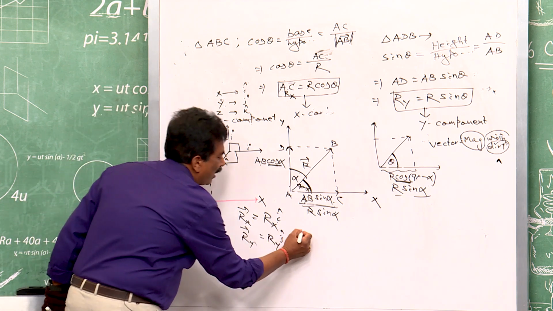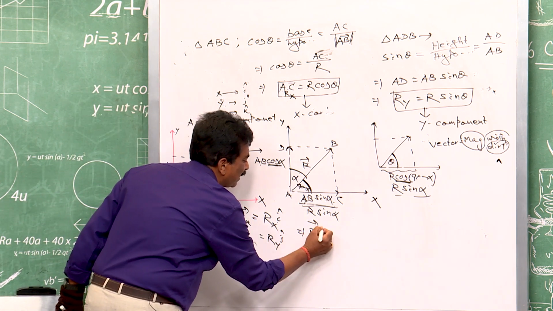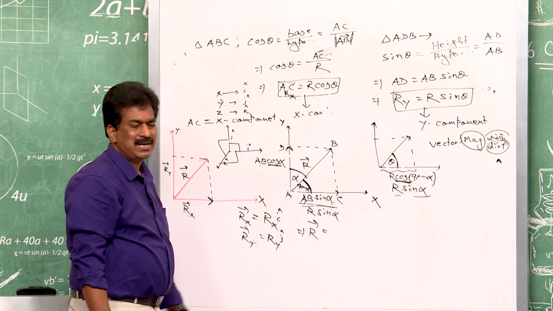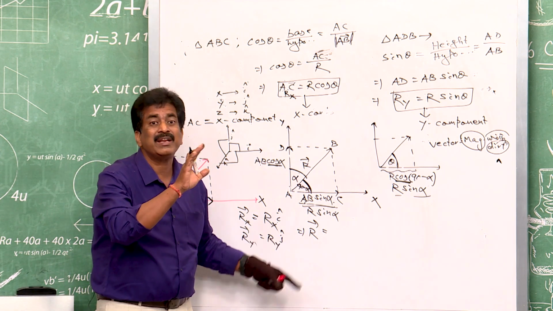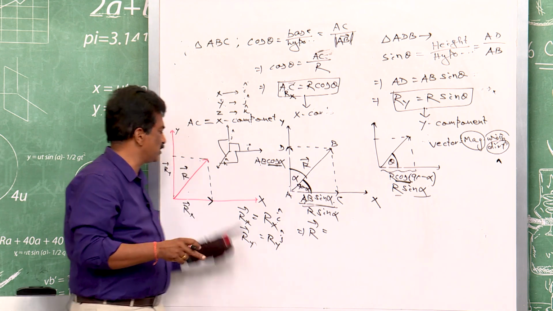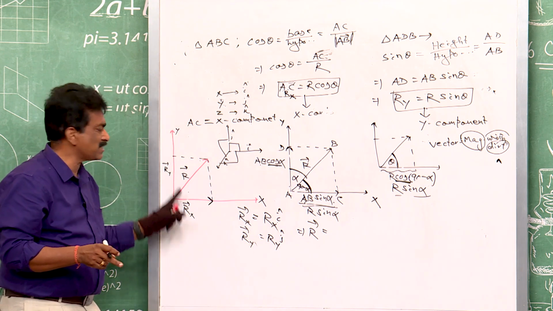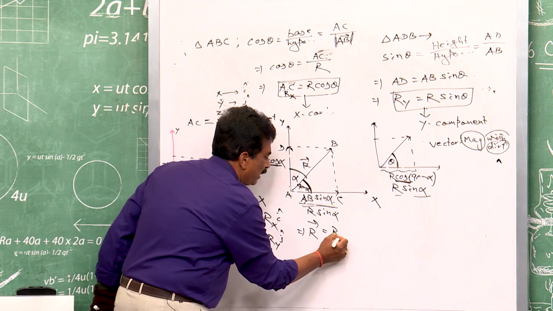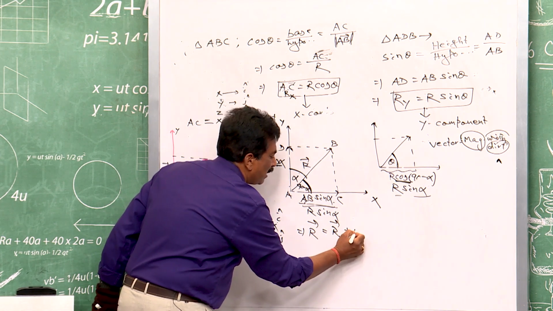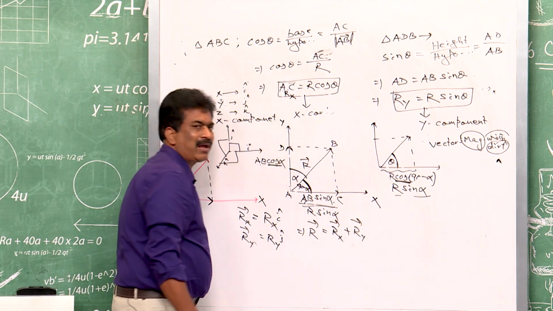So now what will be the r vector? As we discussed, the r vector is the original vector. That original vector is split into how many parts? Two parts. One is the rx vector, another is the ry vector. So this r vector is rx vector plus ry vector.